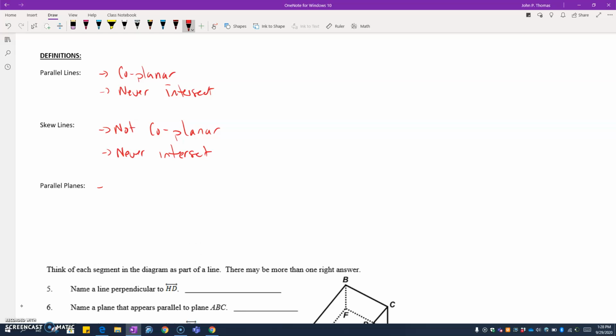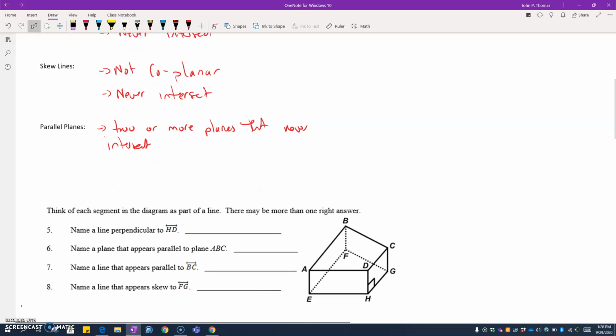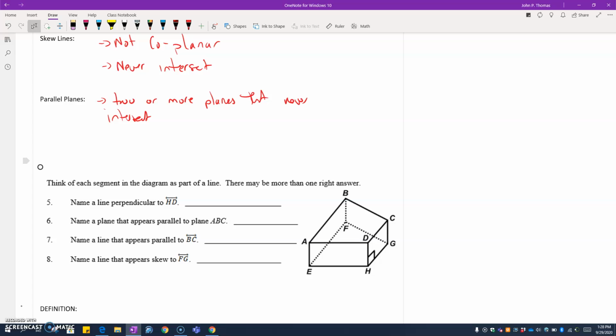This is just 2 planes, and really we could say 2 or more planes that never intersect. All right, because if 2 or more planes never intersect, they have to be parallel to each other. Prime example in the room you're in most likely right now would be the ceiling and the floor, and that would be 2 parallel planes.